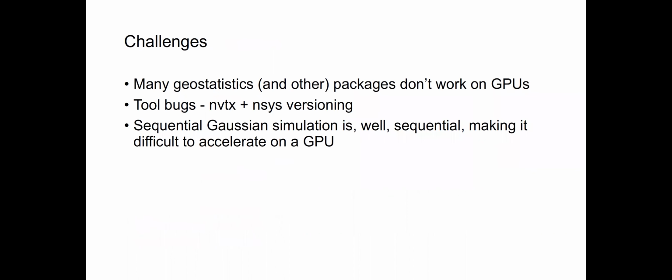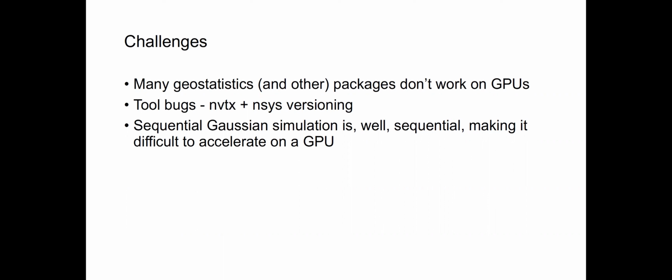One of the main challenges we had was that a lot of existing geostatistics, or all geostatistics packages in Python, are not GPU compatible, and many other packages like scikit were also not running on GPU. So we had to rewrite a lot of functions from scratch. There's still some that we need to get to if we want to be able to run it on GPU.